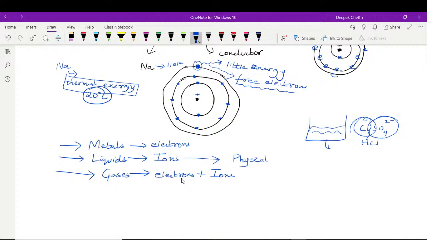For copper sulfate, it is the copper ions together with sulfate ions that help carry current. The copper ions will go to the cathode, right, and sulfate ions will go to the anode, and that movement is what produces the current. Is it clear? So that is about liquids.